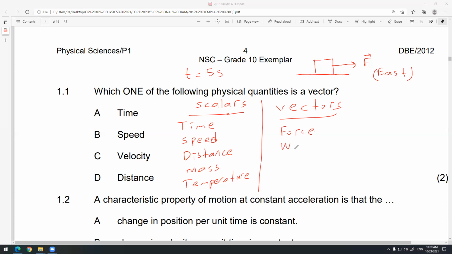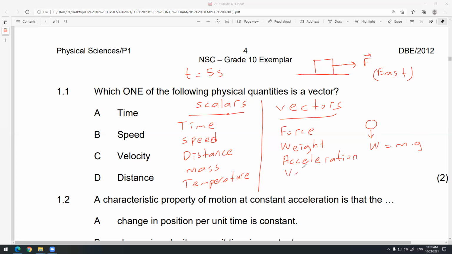And then we can write weight. Weight is also a force, the gravitational force. Weight is equal to mass times gravitational acceleration. Another example is acceleration, positive or negative, so it has direction.